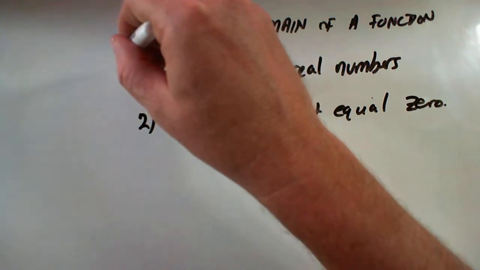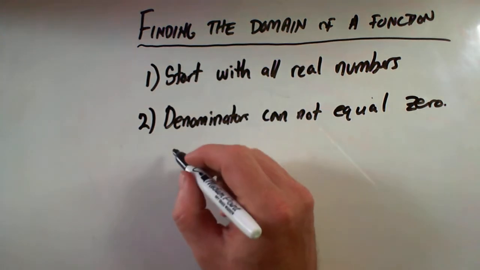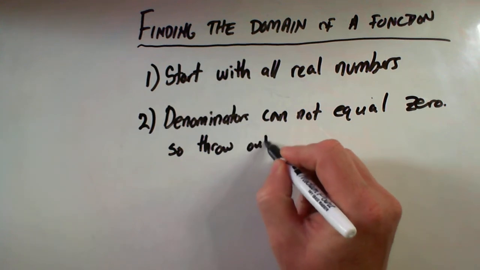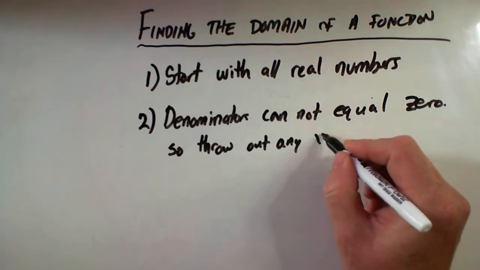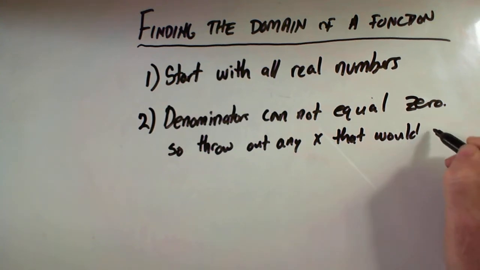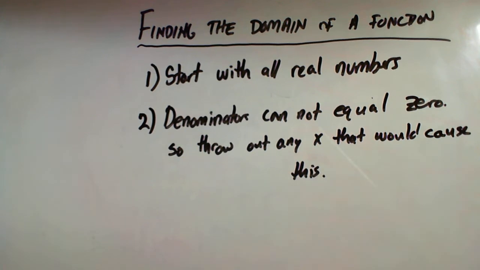So we start with all real numbers, then we throw out denominators cannot equal 0, so throw out any x that would cause this. If you don't have any denominators, you don't even have to worry about that rule.